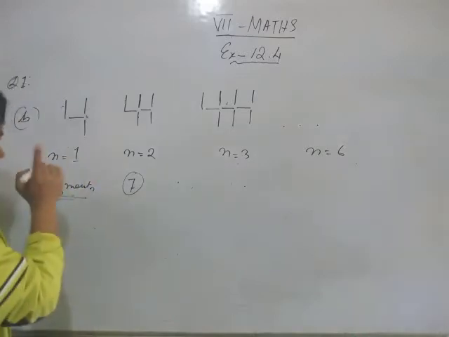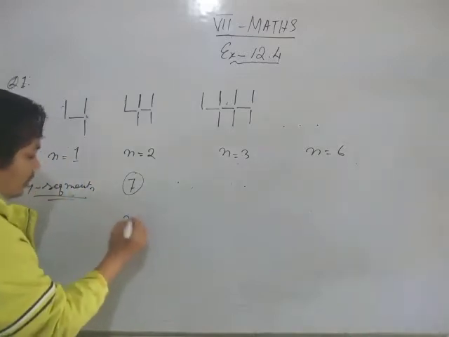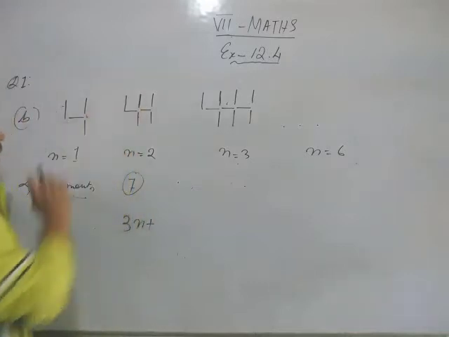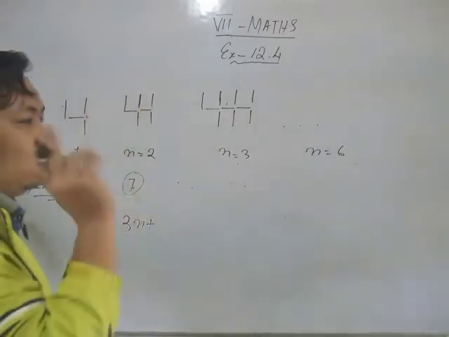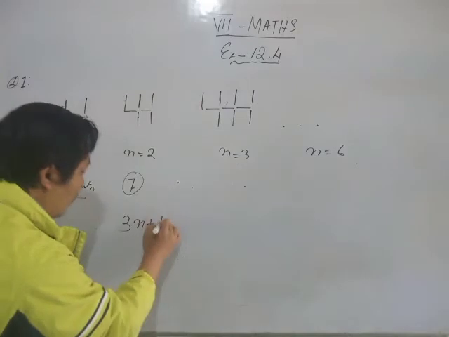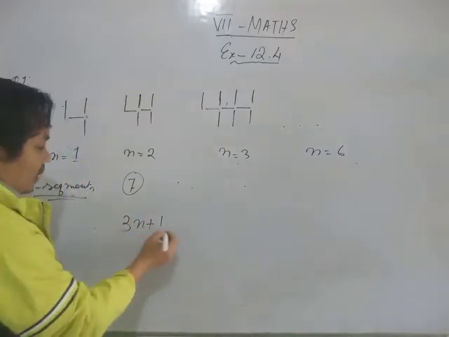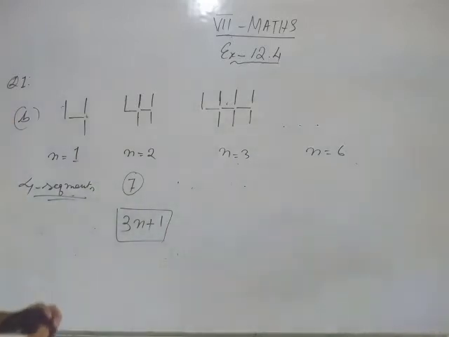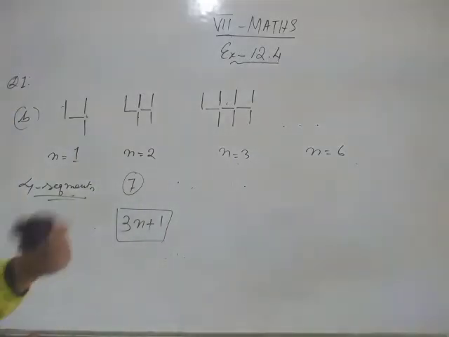That means instead of 4, you take 3 and multiply it with n, 3n, plus how many segments are common here? Only one segment is common, so 1 will be added. 3n plus 1. This is the algebraic expression to find the number of segments for every pattern.